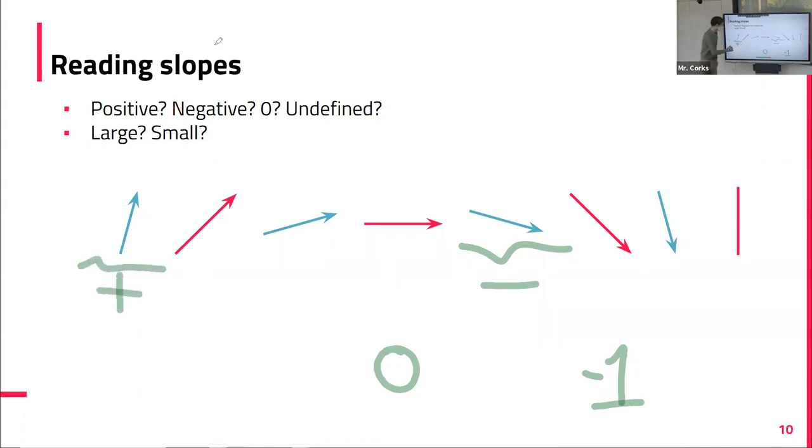Positive, and what kind of range? Not 0 and 1. This is 0, this is 1, this is +1 here. This is the range between 0 and +1. Okay, 1 and infinity.